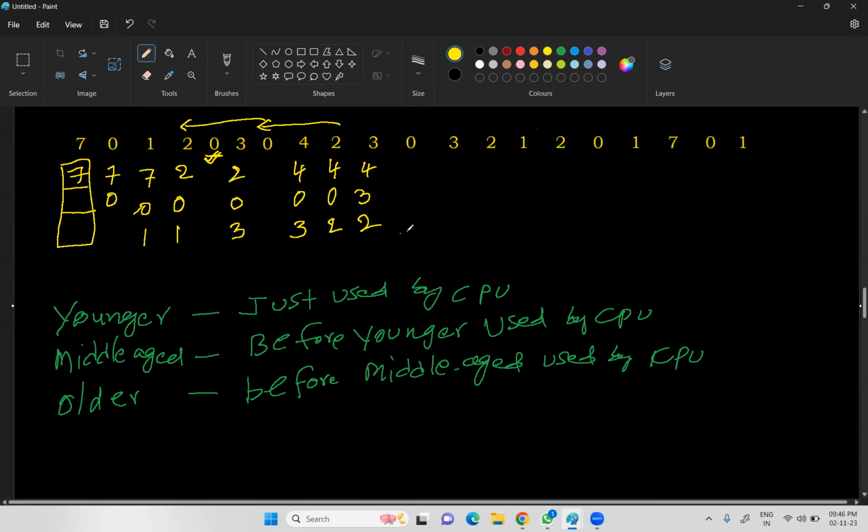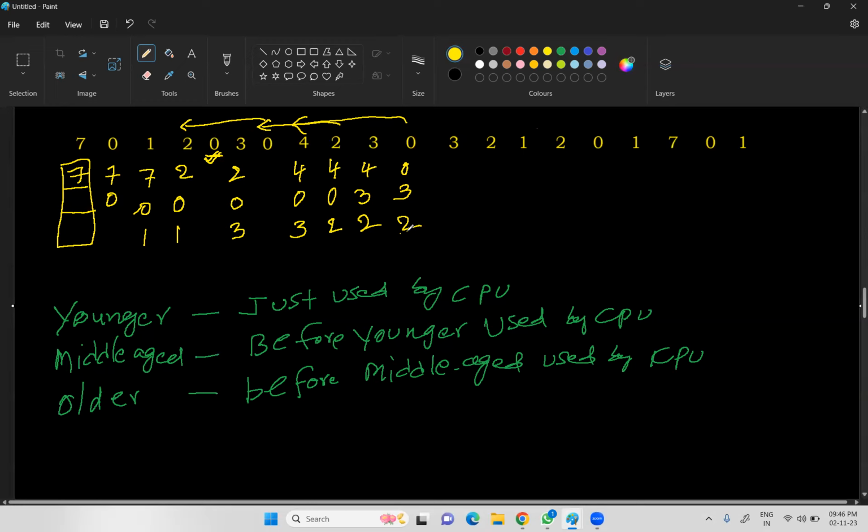Now you can see 0, with which it is going to be replaced here? With 4, because if you observe this one, 4 is very longer. So therefore, 0, 3, 2. So here 3 is already available, 2 is already available, and 1.